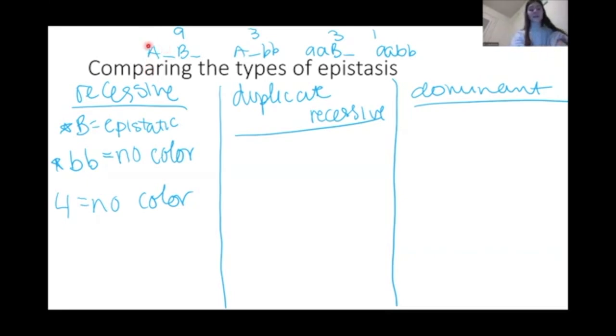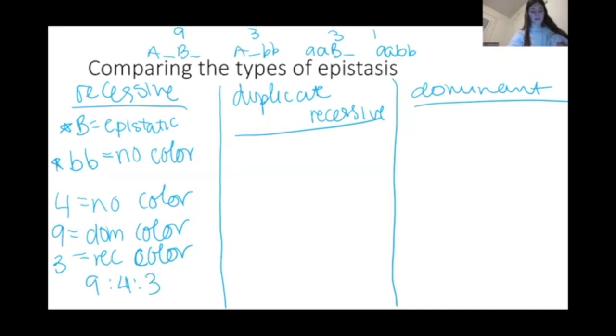And in this case, 9 of them are going to have the dominant color, and 3 of them would have the recessive color. Okay, so we have right here a 9 to 4 to 3 ratio. 9 with the dominant color, 4 with no color, 3 with recessive color.